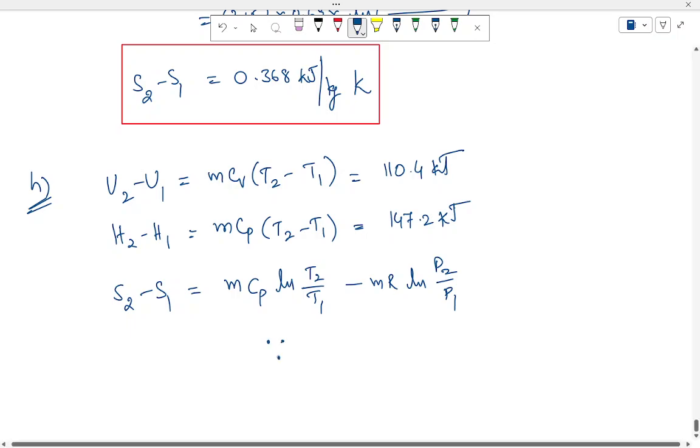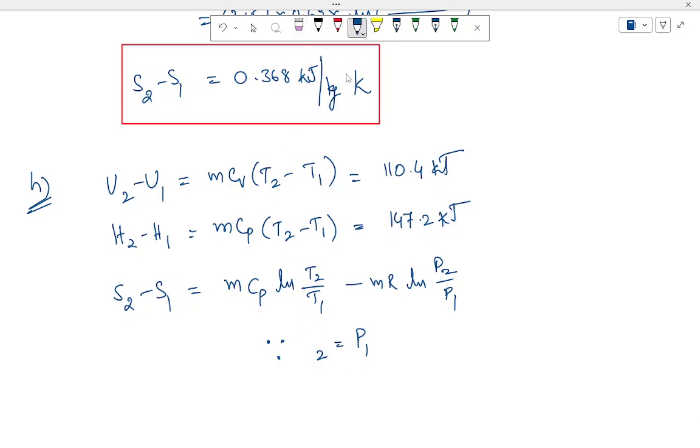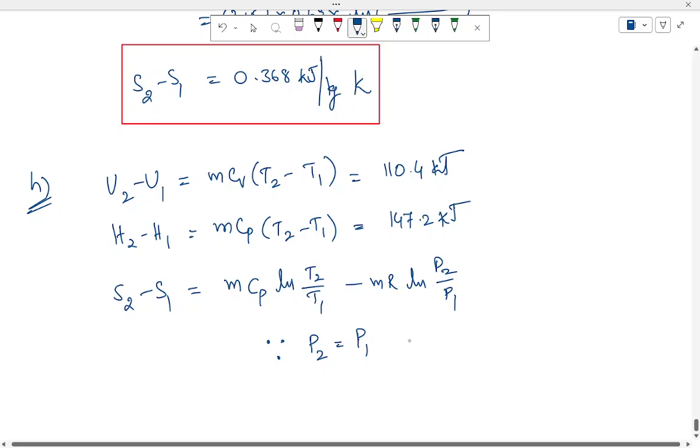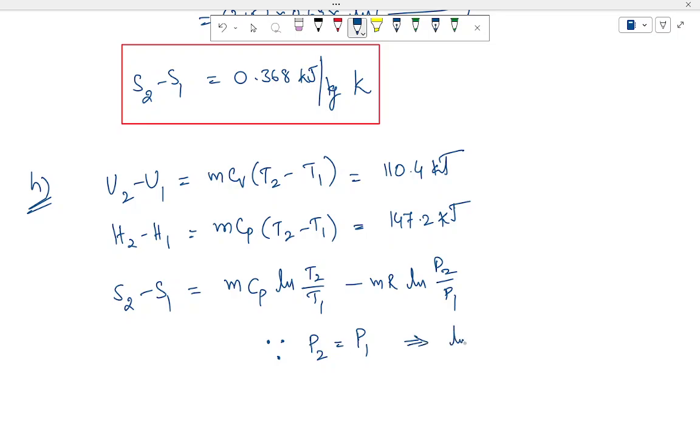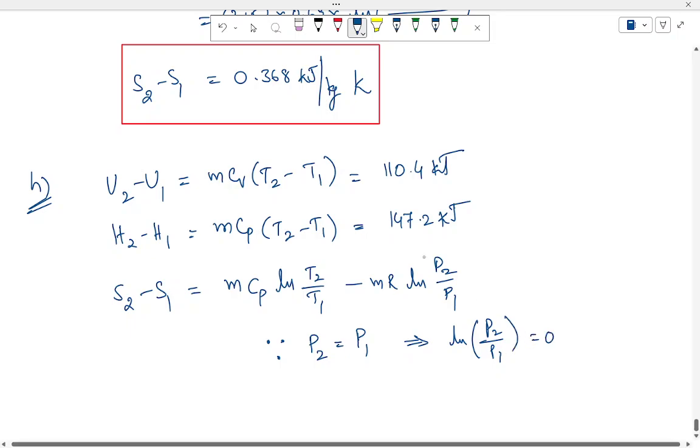Since this is a constant pressure process, P2 will be equal to P1. That will imply logarithm, that is ln of P2 by P1 will be equal to 0.